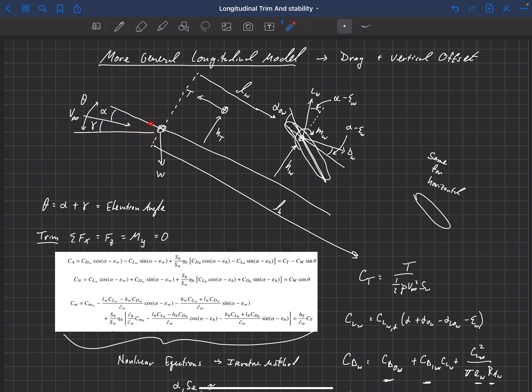And so that means from our elevator back here, even if the elevator is aligned with the center of gravity, we're creating a very large nose up pitching moment from the elevator in order to offset the nose down pitching moment from that thrust. And that's fine unless we have an engine failure on takeoff. Now, if that happens, then we suddenly lose our thrust vector, and instead of thrust, we actually get drag up here, because we have a stalled prop that's creating drag.